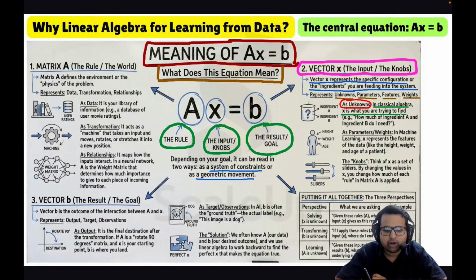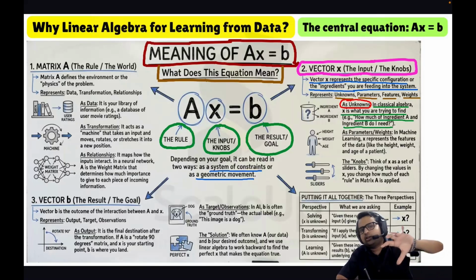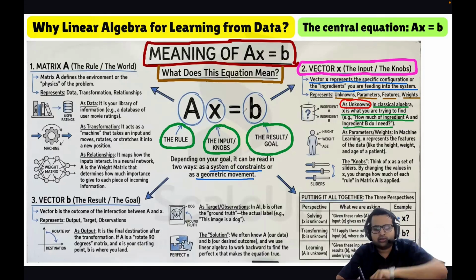Like how much of ingredient A and ingredient B do I need? So now it's very clear that X can represent an unknown which we are trying to find. Like how much of A should I use to get B, small b?